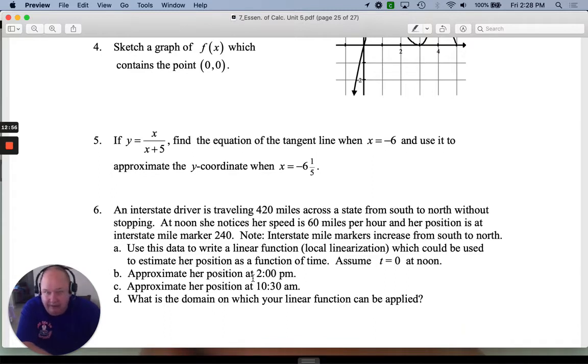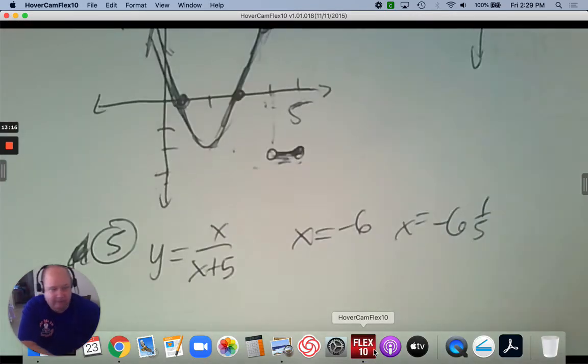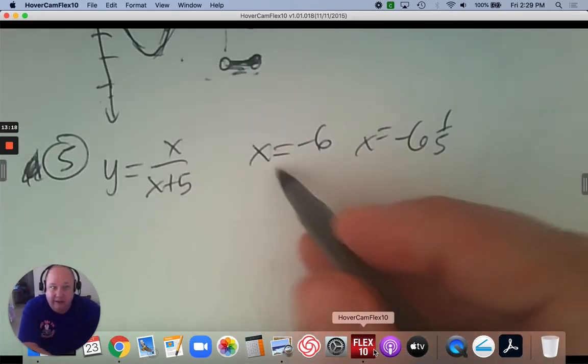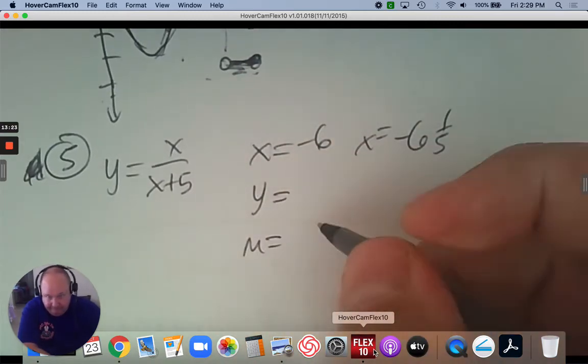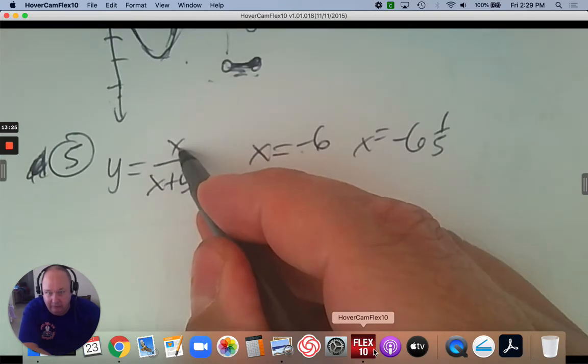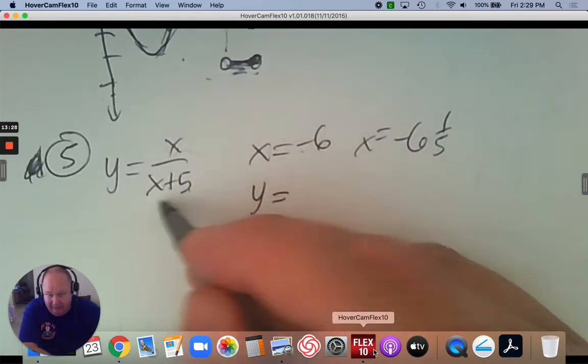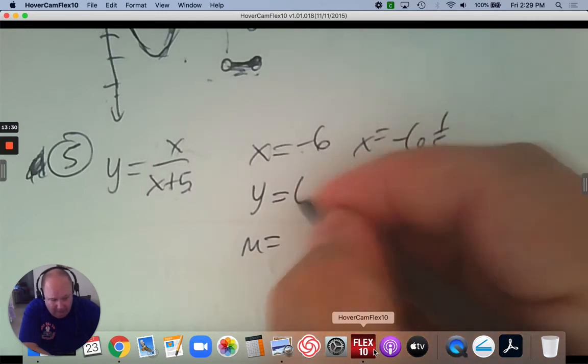So if y equals x over x plus 5, find the equation of the tangent line when x equals -6 and use it to approximate -6 1/5. Here we go. So if I'm going to do a tangent line, I need to know what y equals and the slope. So plug in -6. -6 plus 5 is -1, and -6 over -1 makes +6.